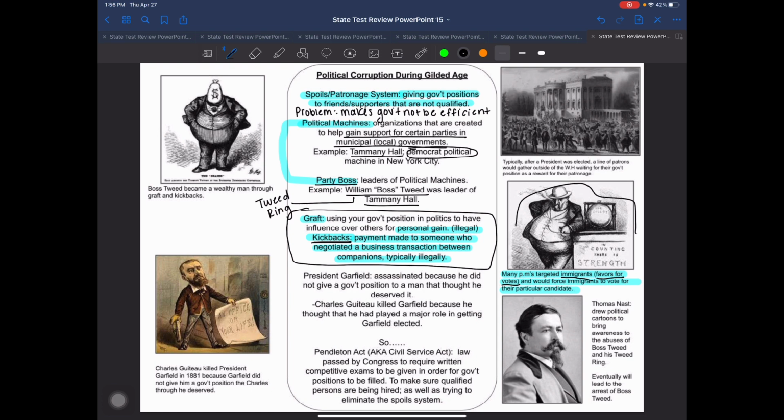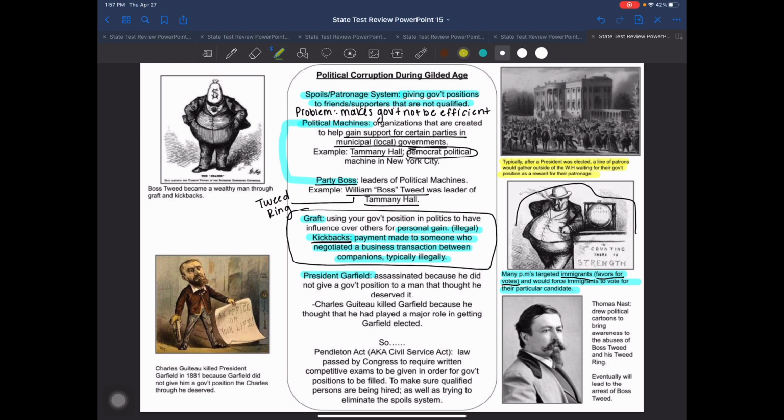All right. Now, down here, more on the national level, okay? President Garfield. Now, before we talk about him, I kind of want to come up here to this top picture. Typically, after a president was elected, a line of patrons, and you can kind of see the White House up there with all those people in front of it, a line of supporters would gather outside of the White House waiting for their government position to be given to them.